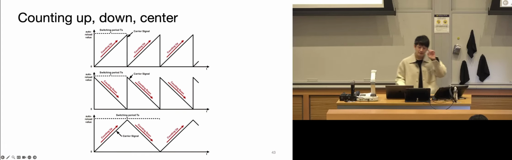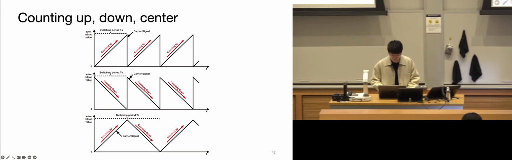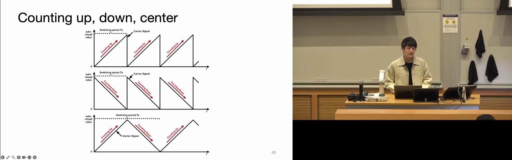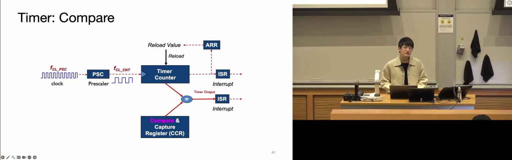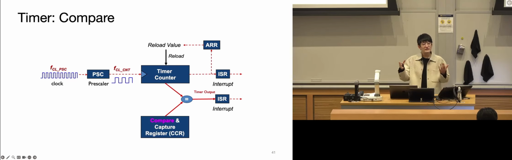If you're in compare mode, and you're just trying to, say, measure a specific duration, why would you need ARR? Good question. So remember, in the PWM signal, you have the period and you have the duty cycle, right? You can think the ARR would be the period that you are setting.